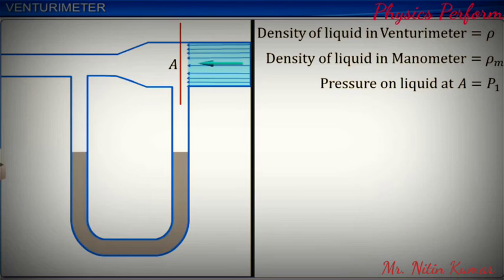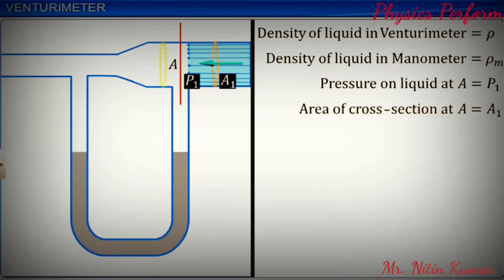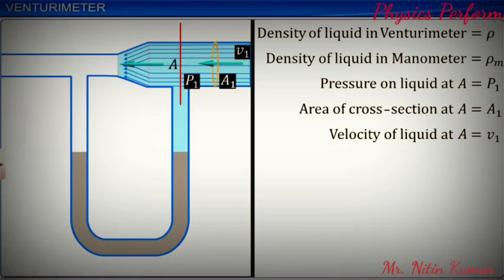Let P1 be the pressure on the liquid, A1 be the area of cross-section, and V1 be the velocity of the liquid at A. As the liquid heads for the constriction, the area of the cross-section of the tube decreases, and hence its velocity increases, decreasing the pressure therein. This decrease in the pressure at the constriction creates a vacuum and sucks up the liquid in the manometer limb. Therefore, the liquid in the manometer limb connected to the constriction rises.